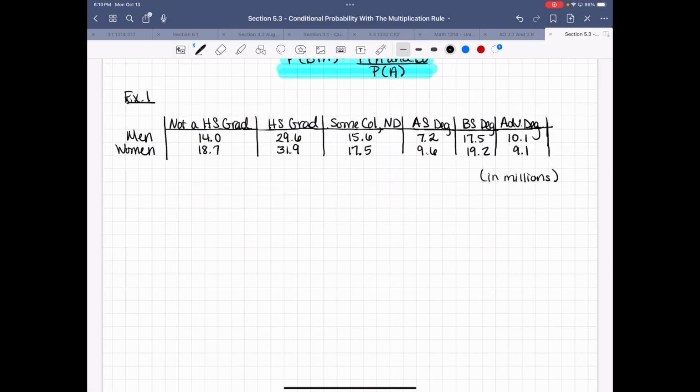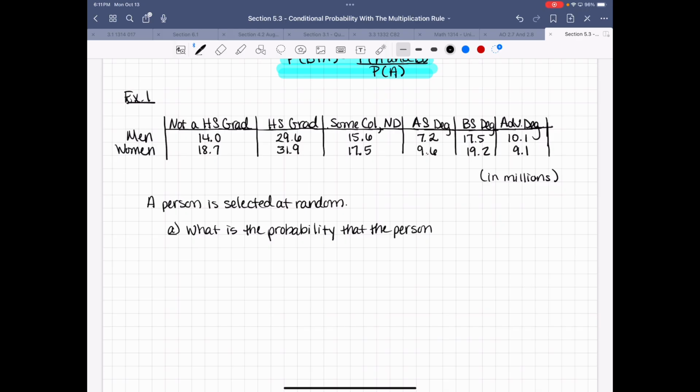Okay, a person is selected at random. Okay, A says, what is the probability that the person is a man?